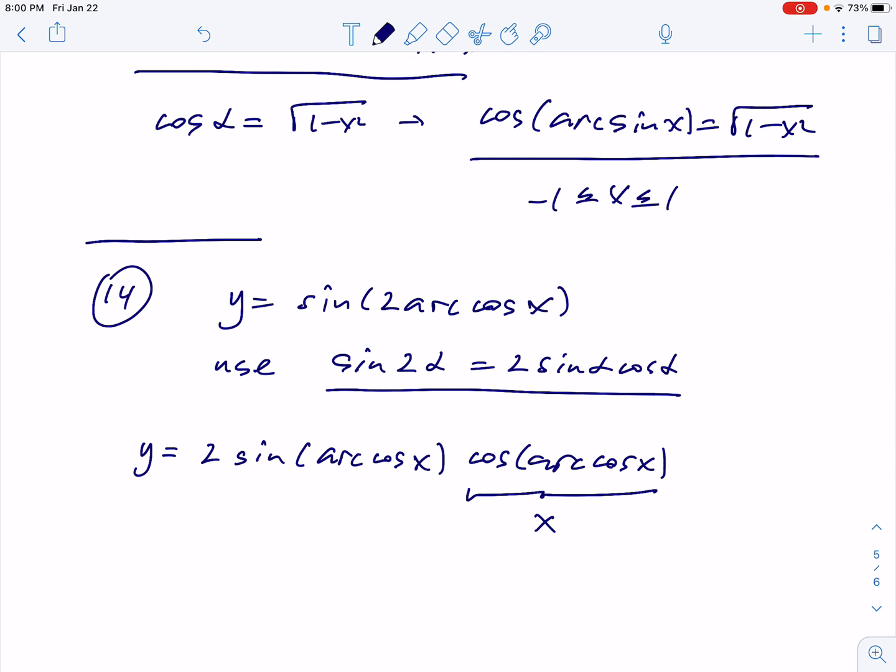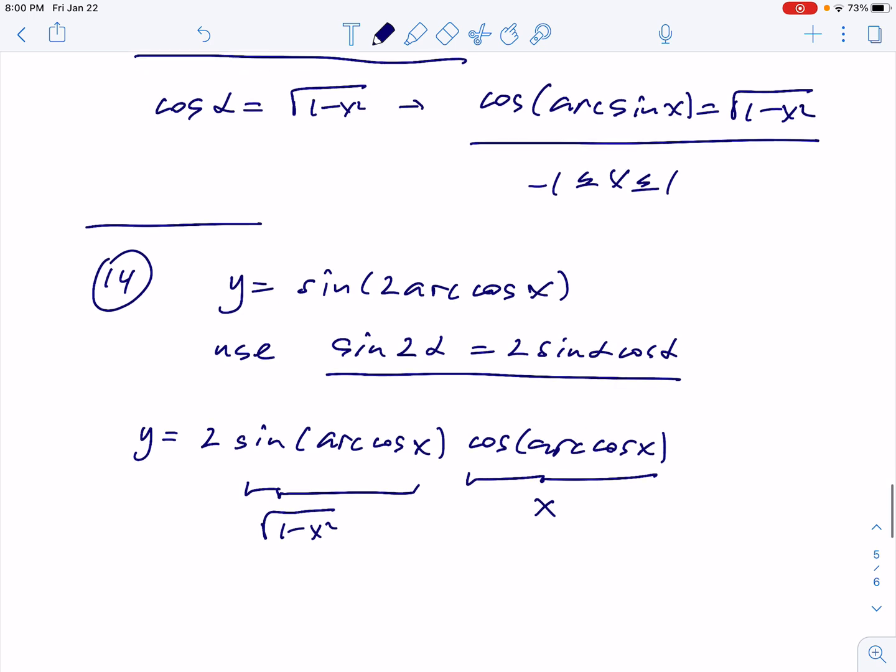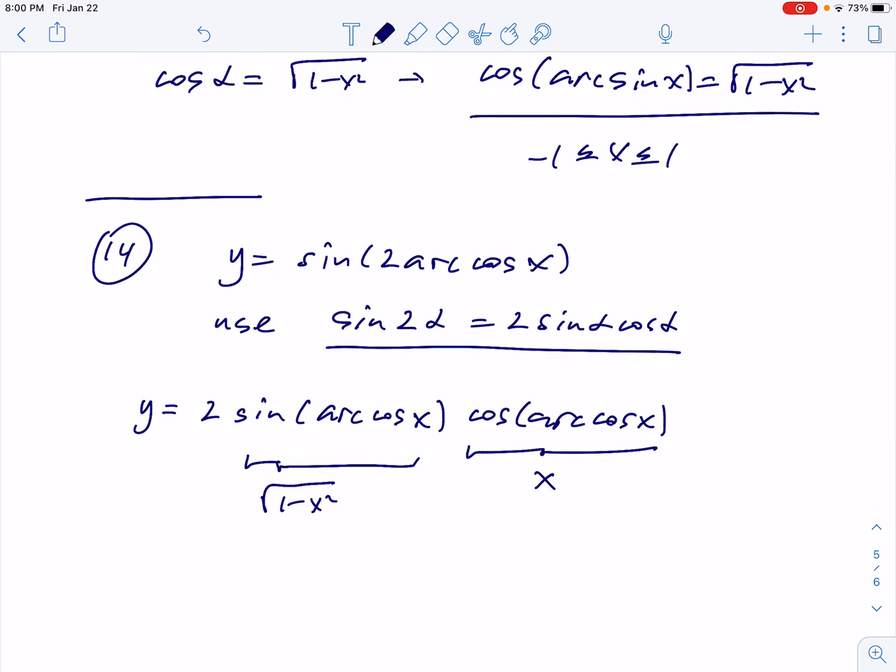For the first factor, exactly like above, we find that this is root 1 minus x squared. Same work with the same triangle. So we can write y is 2x root 1 minus x squared. And let's stop here for now. Next time we shall talk about derivatives and integrals with inverse trig functions.